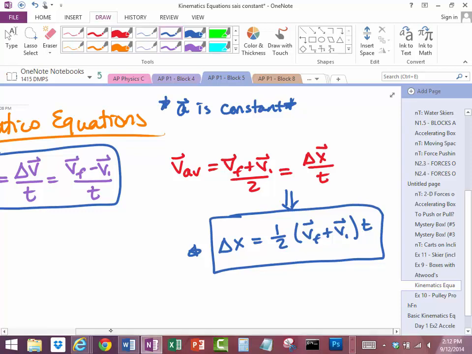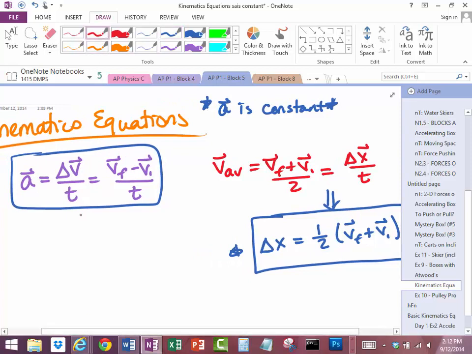Oh yeah, I know what I'm gonna do. I'm gonna take this equation here and solve it for Vf. So I'm gonna ignore this middle part. Vf is equal to Vi plus at. Is that okay with everybody? This is just a restatement of this.